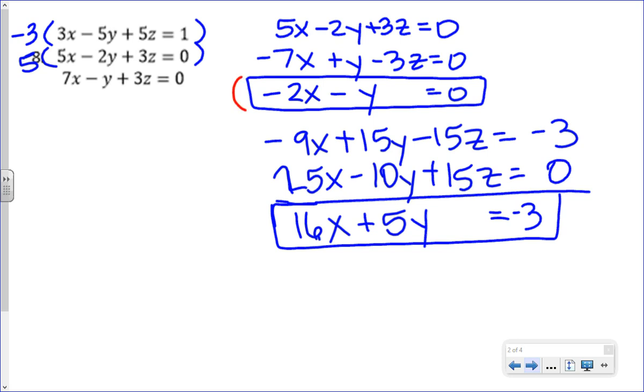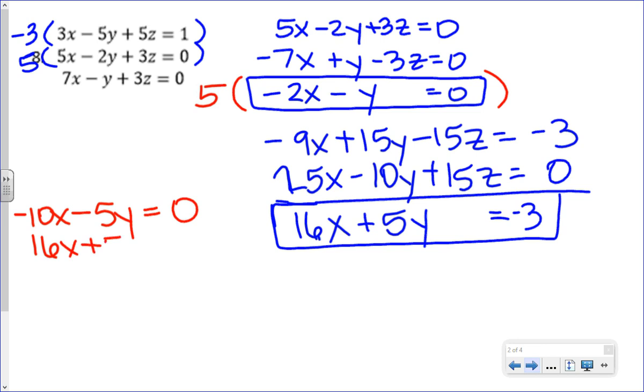All right, so we could multiply this first equation by 5, right? So that we have negative 10x minus 5y equals 0. Our second equation is 16x plus 5y equals negative 3.